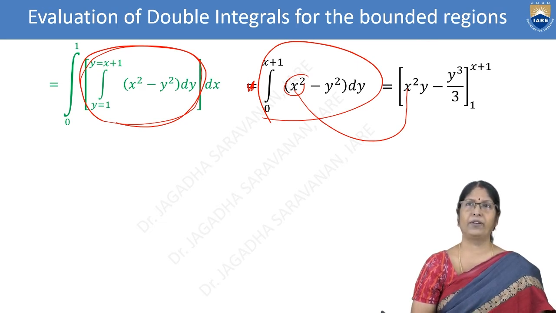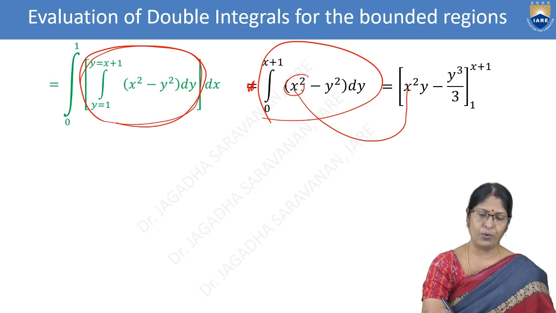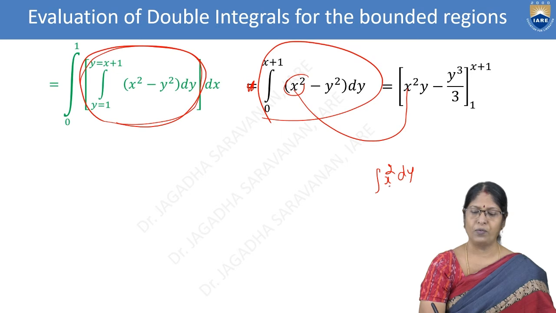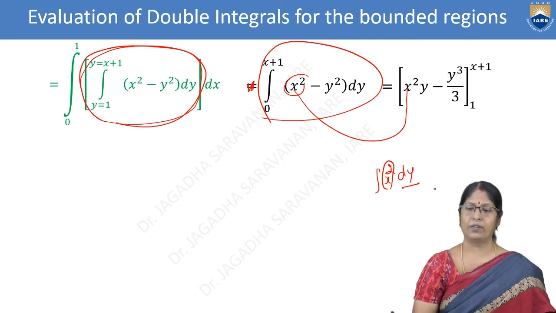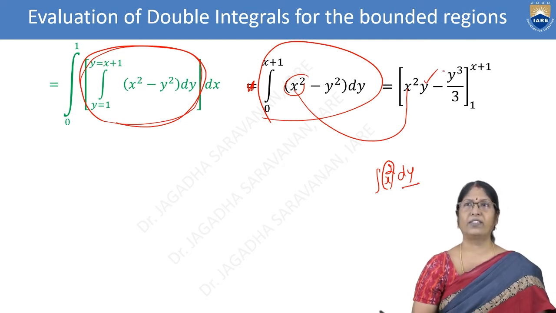It's not a simple integration. It is a correct word, because we are doing integral x square dy. We are treating this x square as constant. For dy, we are writing y. It's nothing but partial integration.